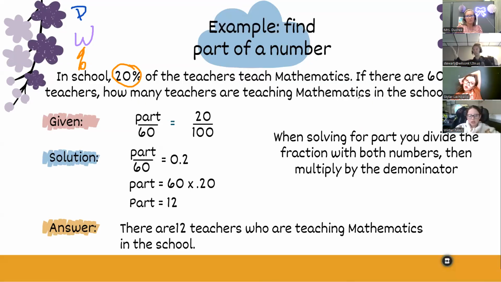So you've got total teachers in the building, and then you've got the number who teach mathematics, right? You with me here? Okay. The whole is the total number of teachers in the building, correct? The part is going to be the part of those teachers who teach math. Does that make sense in the context?